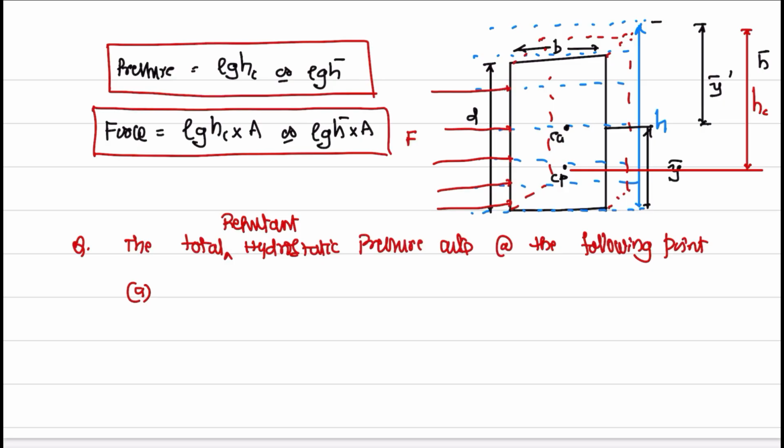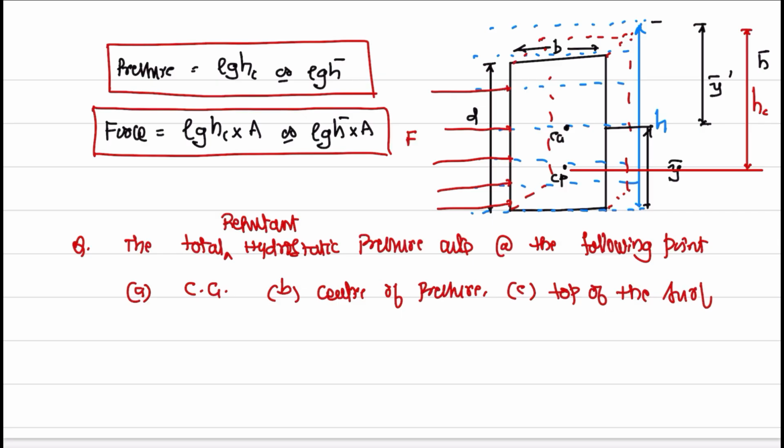A, center of gravity; B, center of pressure; C, top of the surface; D, bottom of the surface.